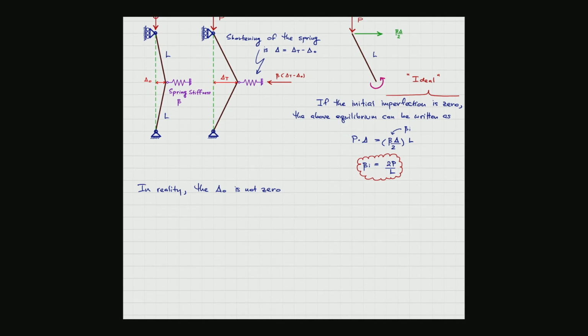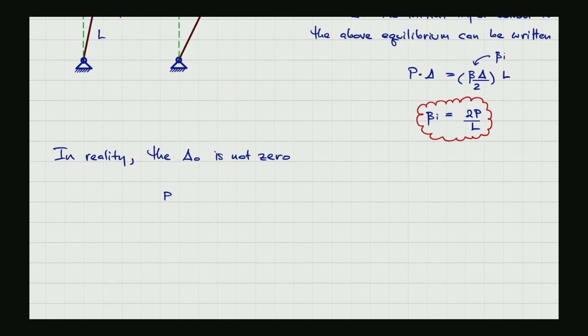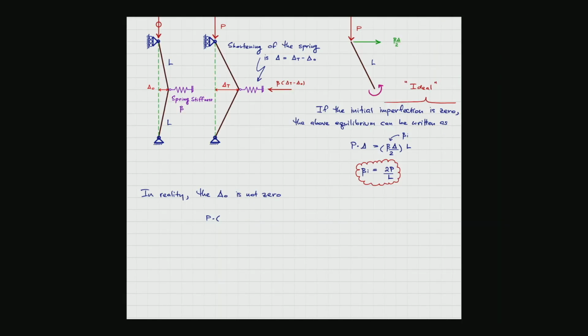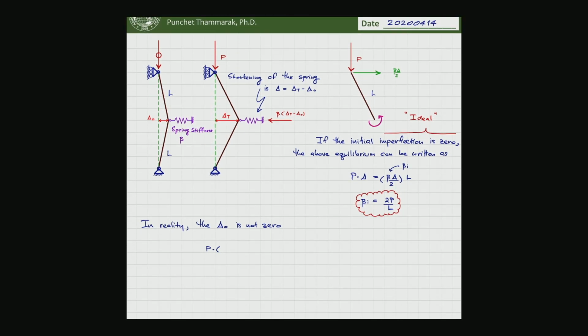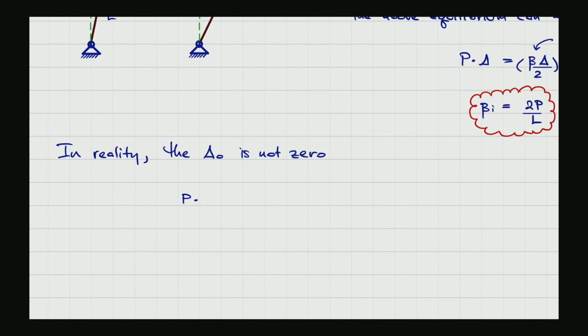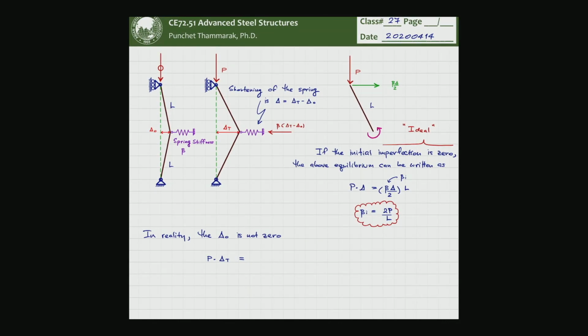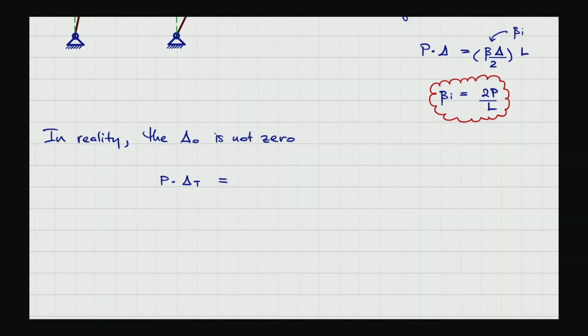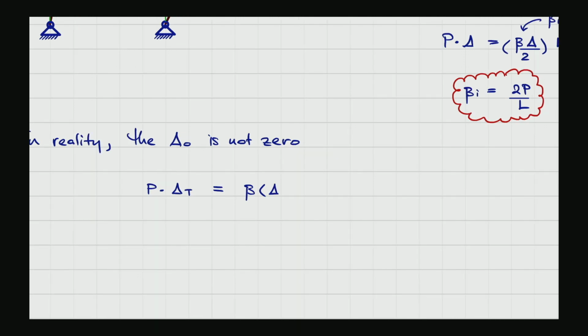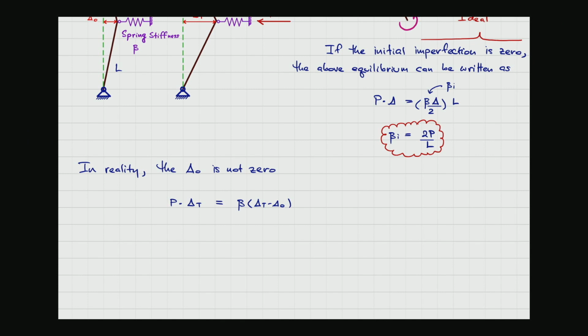So instead of P times delta, it is P times delta T, equals to this part here, beta times the delta, which will be just delta T minus delta naught, and then multiplied by L divided by 2.